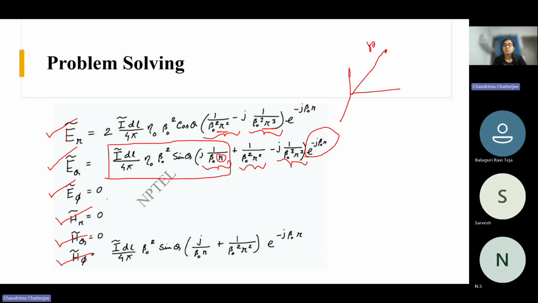The radial and theta components of H are 0, but for the phi component of the magnetic field, we will consider this much for far field.